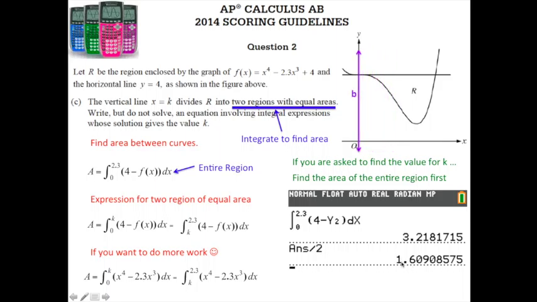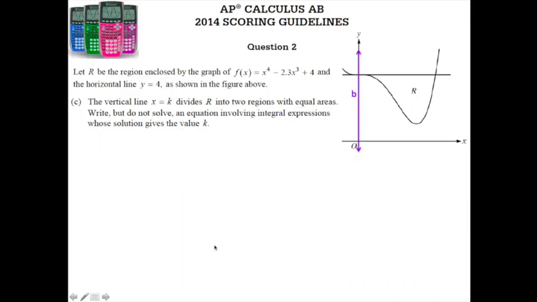So each side has to have 1.609 square units. So the idea then is one side of the region could either be the left side or the right side. So all we're going to do is trial and error with a value here for K to get the answer on our calculator to match this.